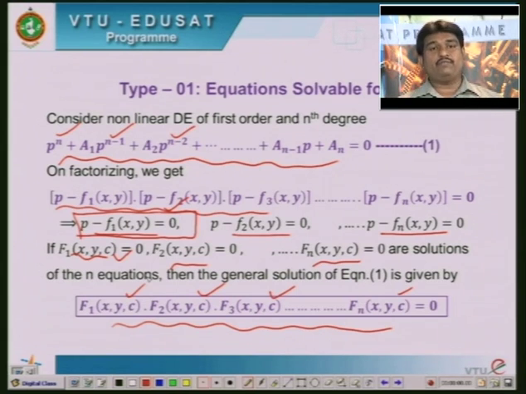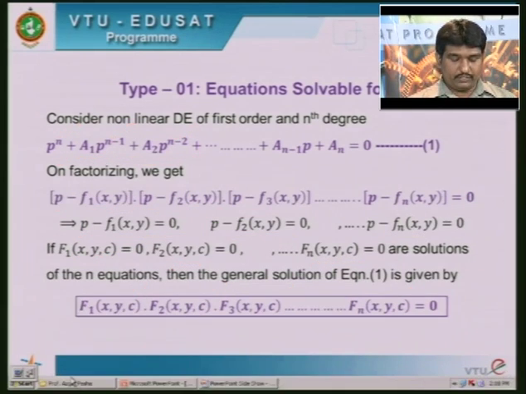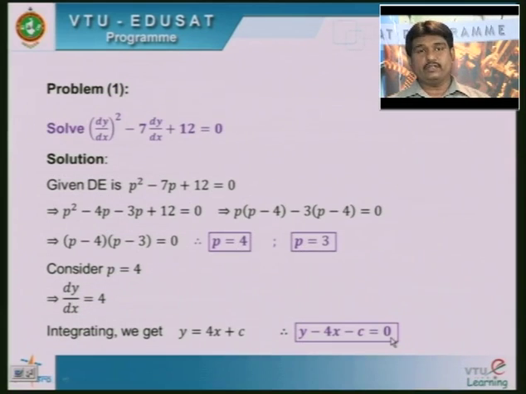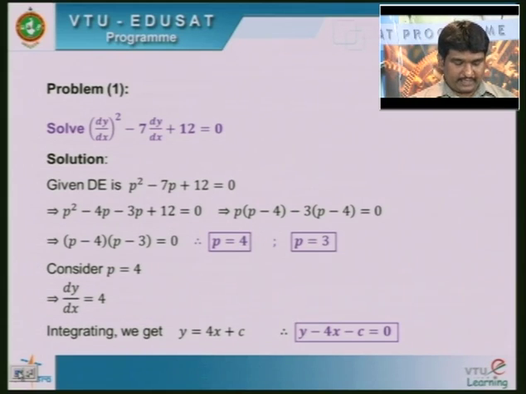If it is possible, factorize this in terms of p, find its roots, and then convert this into n first order first degree differential equations, find solutions to all those n equations, and the product of these solutions will be the general solution of the given nth degree non-linear differential equation. I will illustrate through an example.